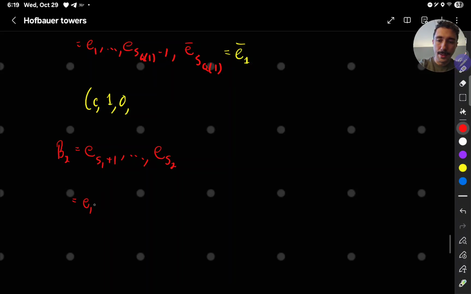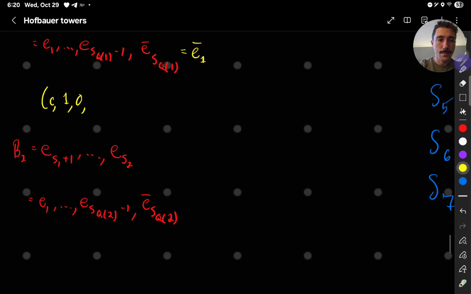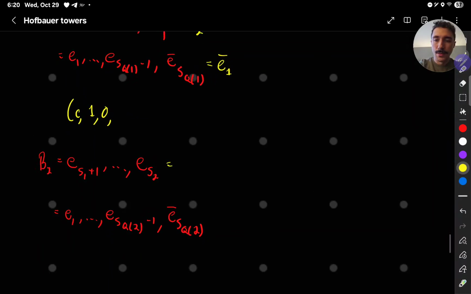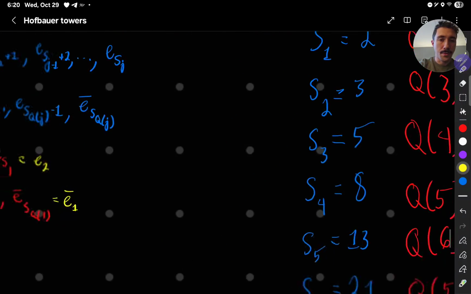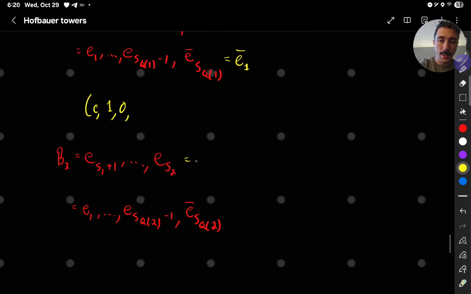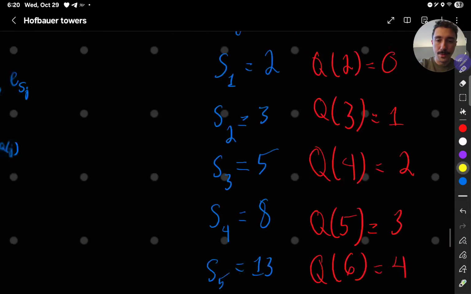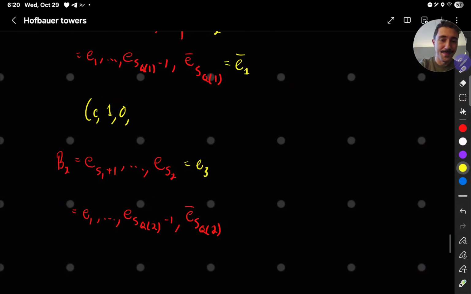and that's equal to E1 up through ESQ2 minus 1, E pivot SQ2. Well, S1 was 2, so add 1 to that and you get 3, E3. We go up to S2, which is 3, so we stop at 3. And, well, this is E1, pivot.